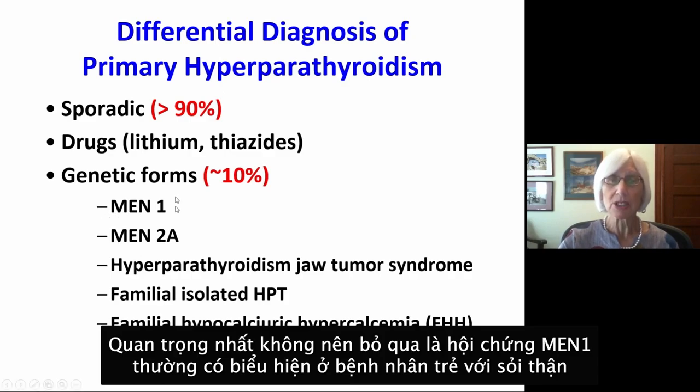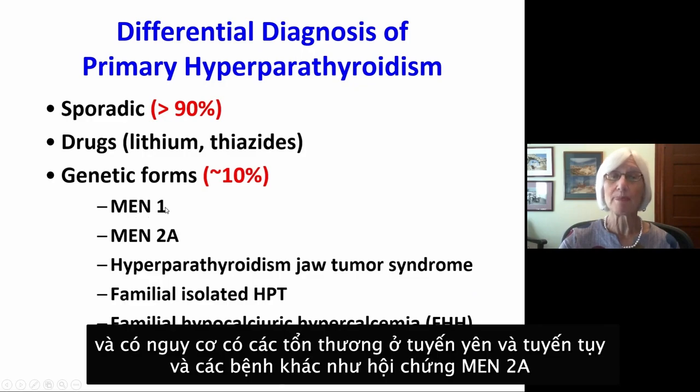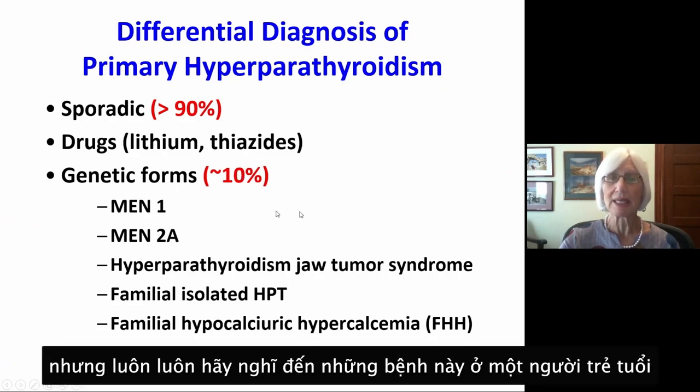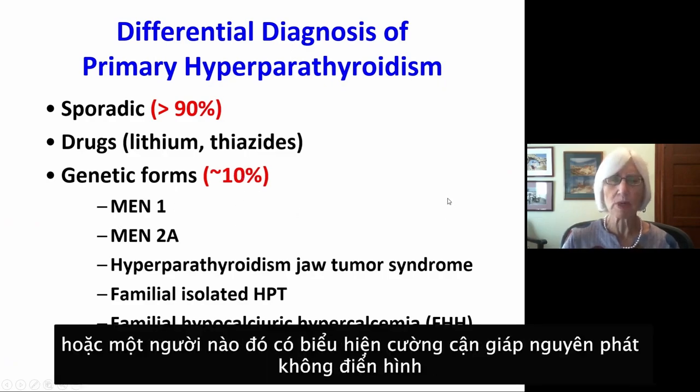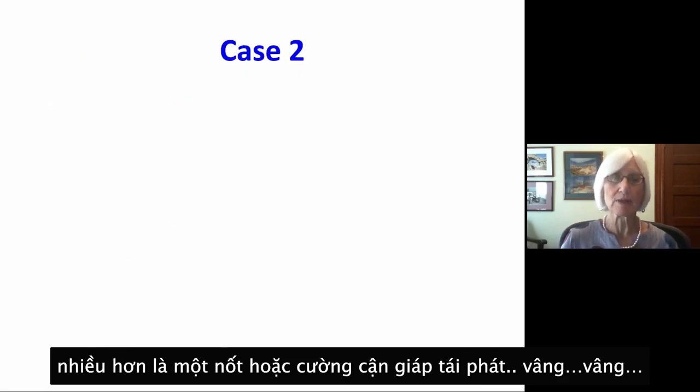Most important not to miss are MEN1 patients. These often present young with kidney stones, primary hyperpara, and are at risk for pituitary and pancreatic lesions and other diseases, MEN2A. And these others are more rare, but always think about these in a younger person or someone who presents with atypical primary hyperpara, more than one nodule, recurrent hyperpara, etc.